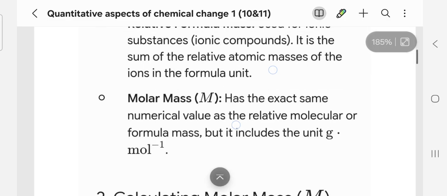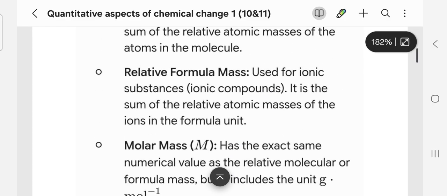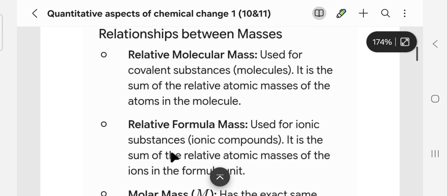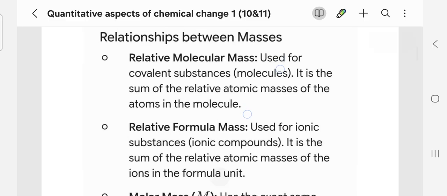But I want you to also notice something, the difference between molar mass and your relative formula mass and relative molecular mass. It's that the relative molecular mass and the relative formula mass will not have units. Okay, because these two masses, the relative molecular and the relative formula mass, come from what?